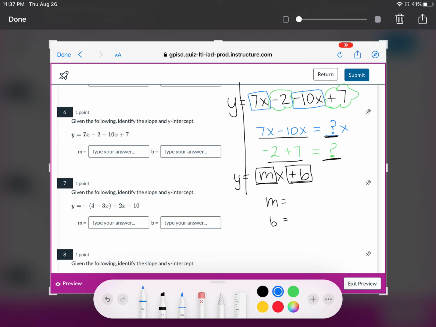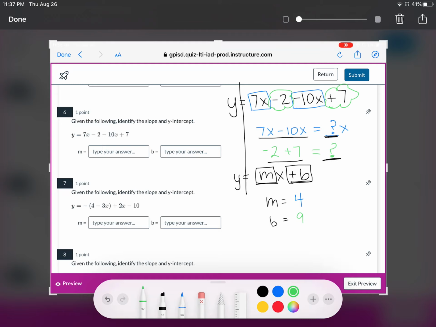So 7 minus 10, let's pretend and say we got 4. I'm just pretending. If you don't know what 7 minus 10 is, type it in the calculator. Next, we got negative 2 plus 7. If you don't know, type it in the calculator, but I'm going to say that that is 9.